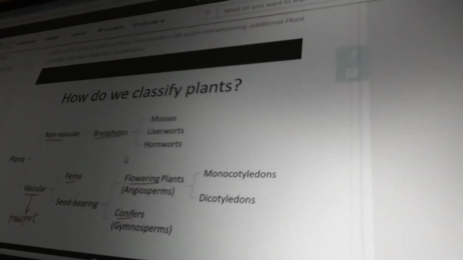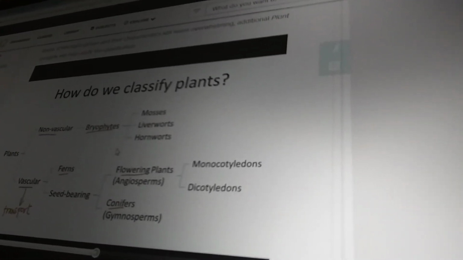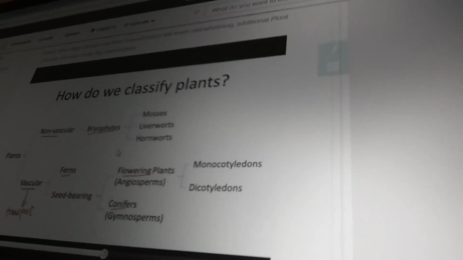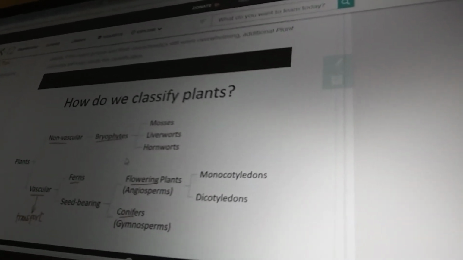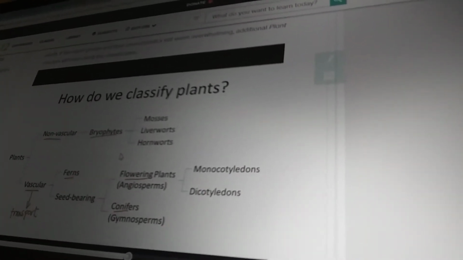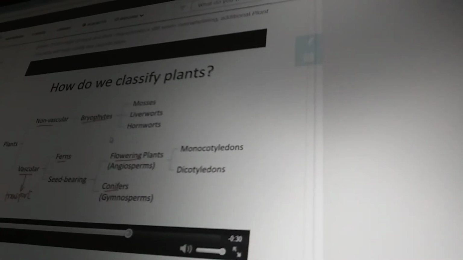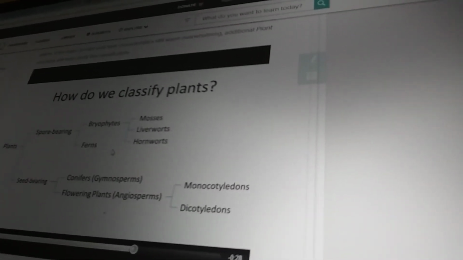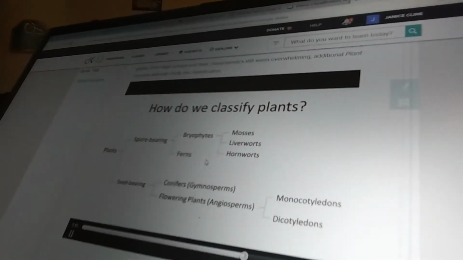tissue. This division gives insight into the evolution of water independence, whereas non-vascular plants must live in or near water to help them survive or reproduce. Vascular plants have more flexibility because they have the tissue that allows them to draw water from their roots and therefore grow in more dry environments. If we look at the division between spore-bearing and seed-bearing plants, this gives a more reproductive evolutionary perspective.